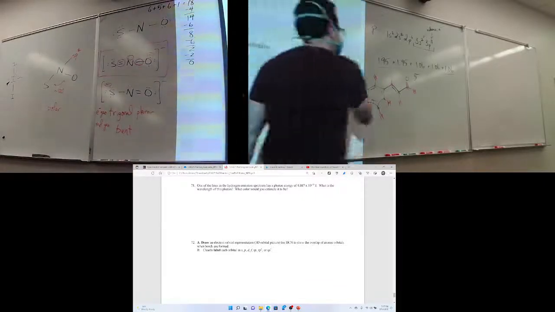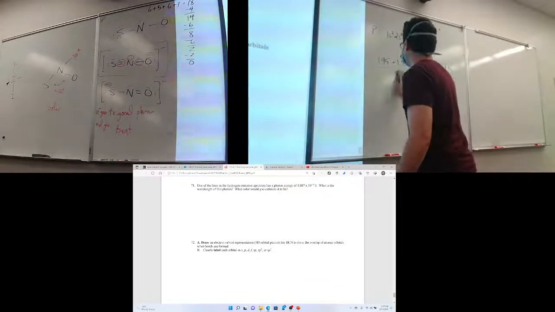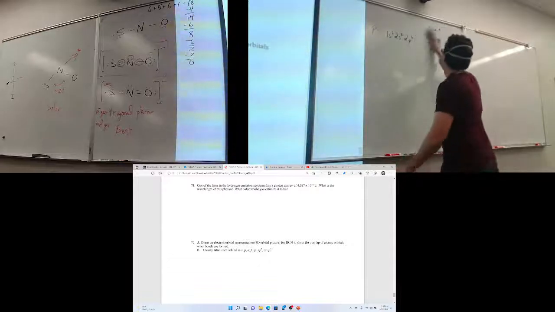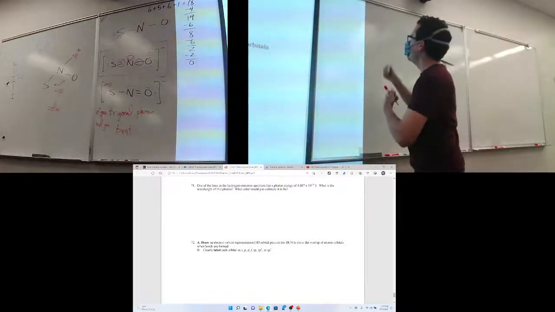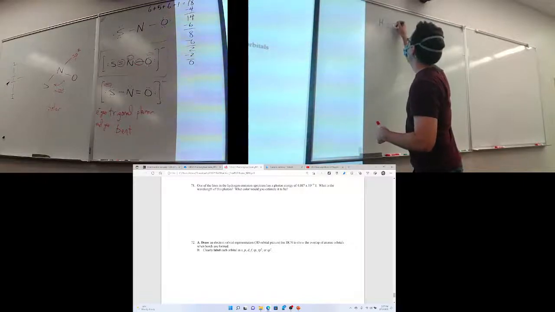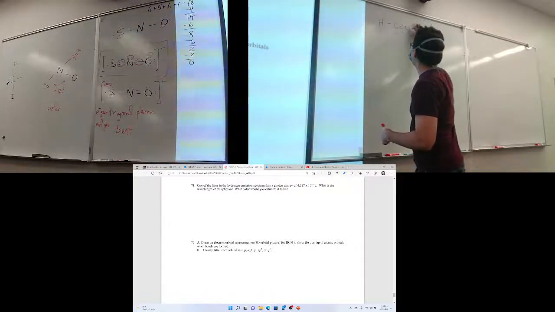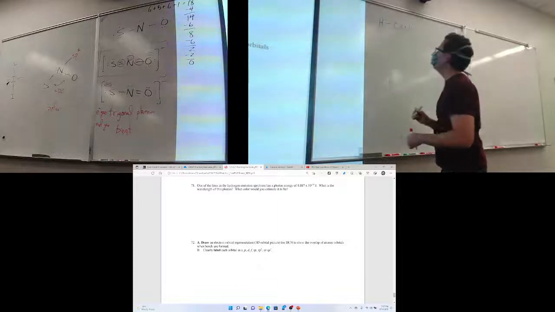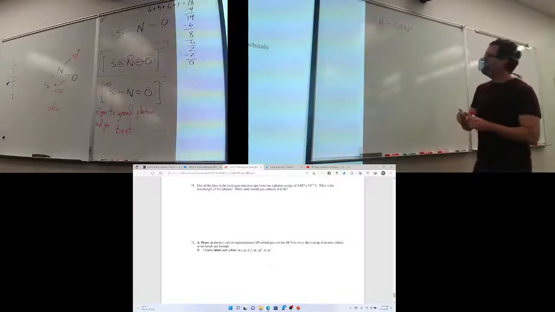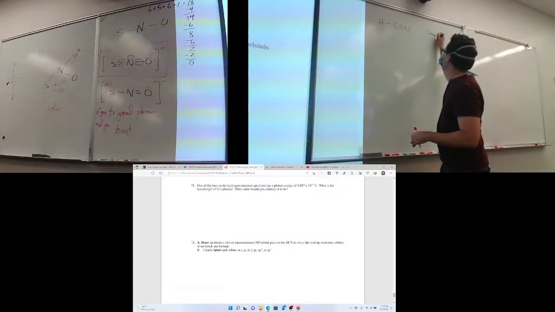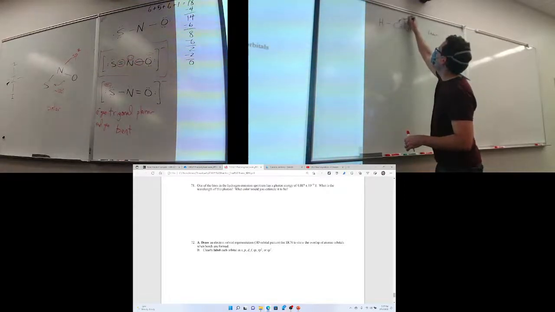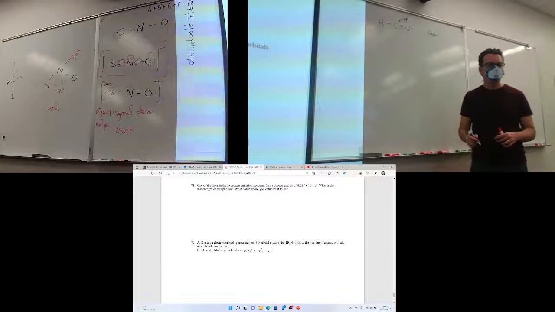You can definitely do this with multiple pictures. You don't have to do it all in one diagram. But HCN, let's draw the Lewis structure first. I'm taking some shortcuts here, but it looks like this. That's HCN. And immediately what you say is, hey, that's linear. So it's sp hybridization around the carbon.